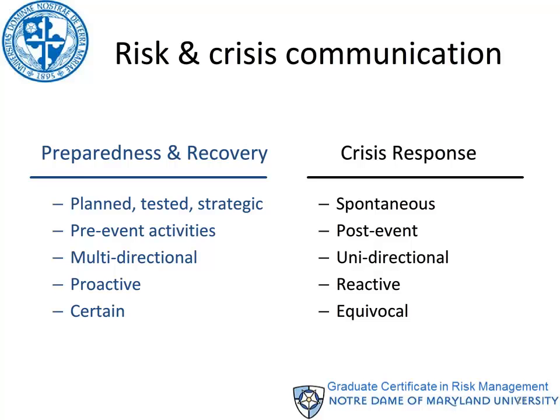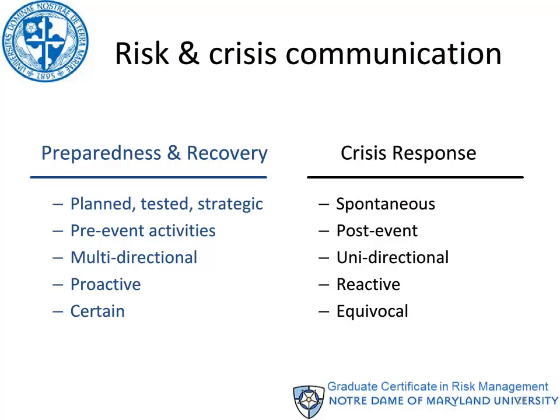Risk communication includes communication strategies before, during, and after the event, or we could categorize them, as you see here in the slide, as preparedness, response, and recovery. Preparedness and recovery involve planned, tested, strategic communications. They focus on pre-event activities.